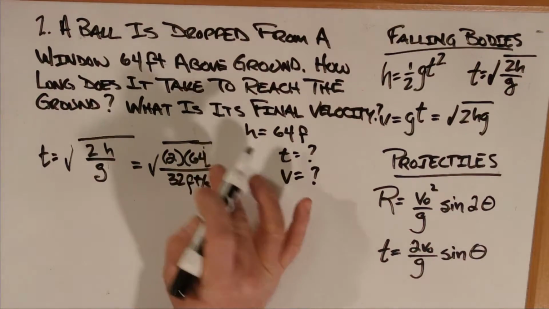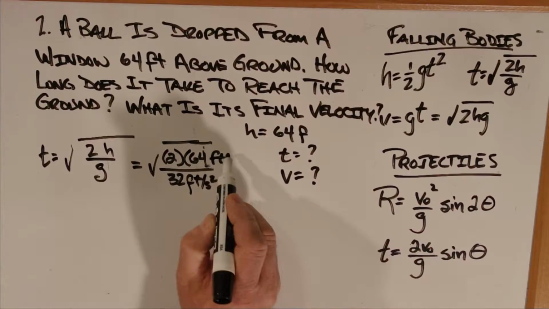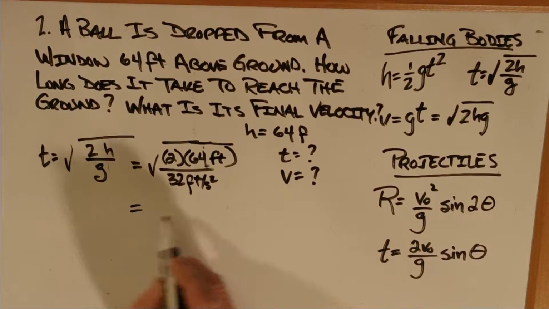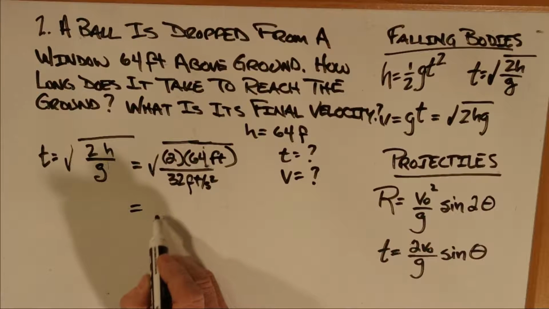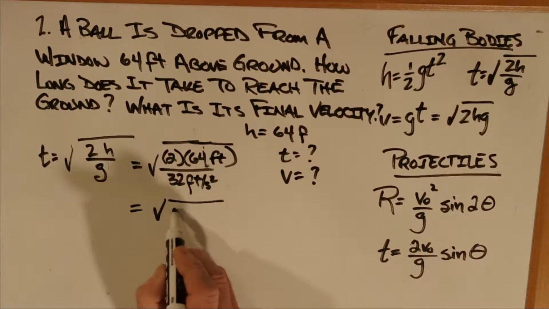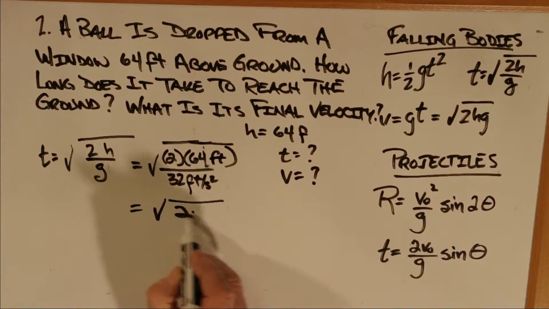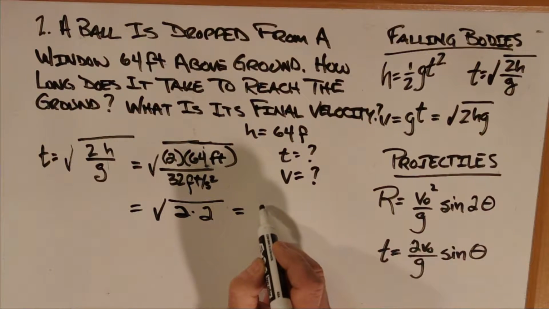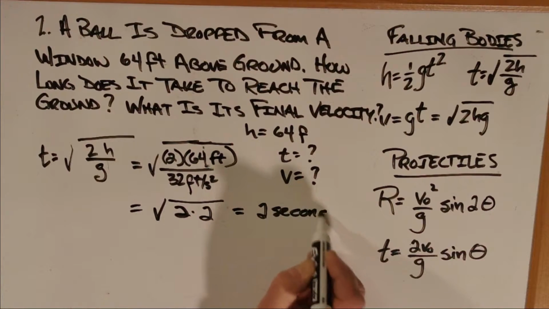I'll go ahead and make that correction, get the units in there where they belong. And so this is going to equal the square root of 2 times, and then we take a quick look, 64 divided by 32 is also 2, in seconds squared. 2 times 2, square root of that is 2 seconds.